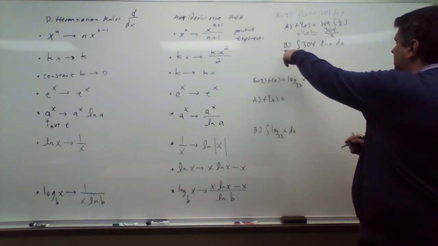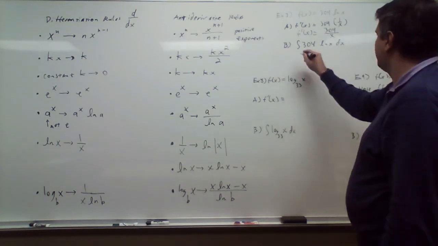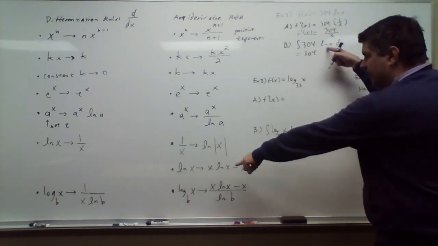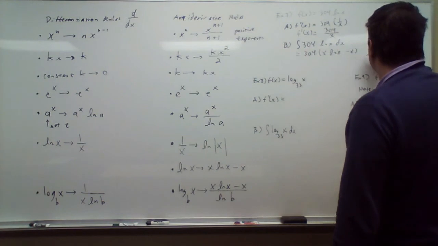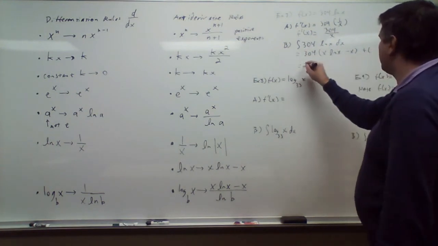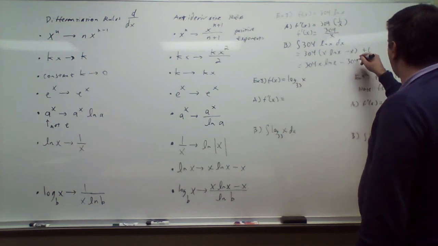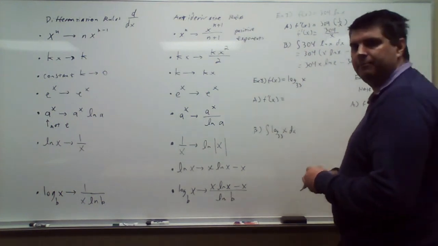The antiderivative of 304 natural log of x will be 304 times the antiderivative of the natural log, which is x natural log of x minus x, and then plus c, which will give me 304 x natural log of x minus 304x plus c. So we're done. Okay?